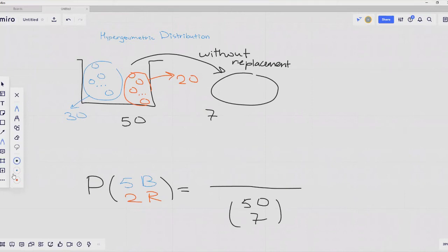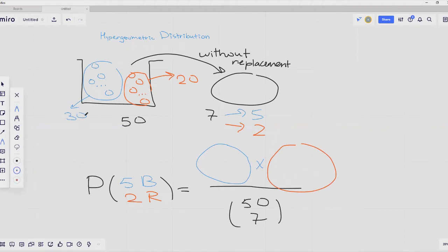Out of those, the following are going to satisfy our stated condition of drawing 5 blue and 2 red chips. So we'll have the first operation for a choice of blue chips and the second operation for a choice of red chips.